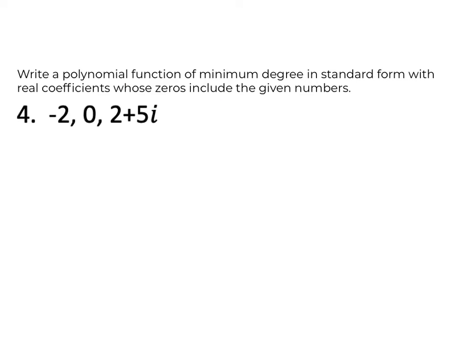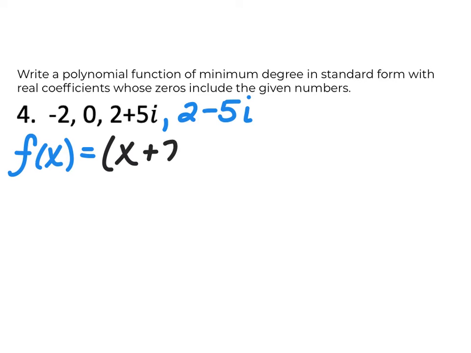In our final example, you have a complex 0 of 2 plus 5i. So you should know by the complex conjugate that there is also a 0 at 2 minus 5i. So we are going to begin by writing down our zeros. Well, we have our zeros, I mean to say our factors, x plus 2.